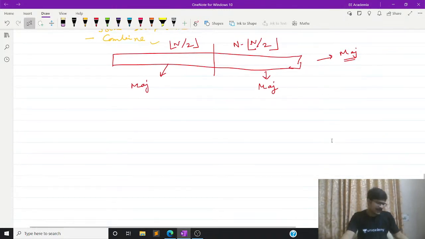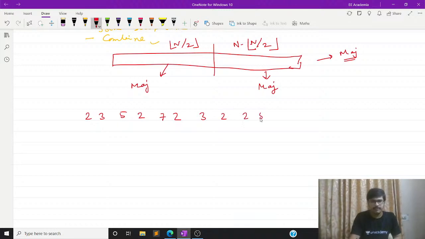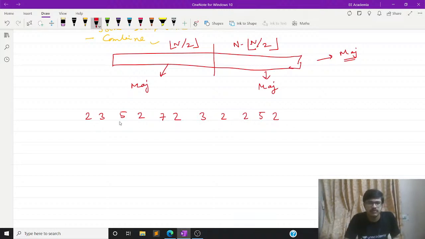Let's take an example just to see. Take an array like this: 2, 3, 5, 2, 7, and so on.